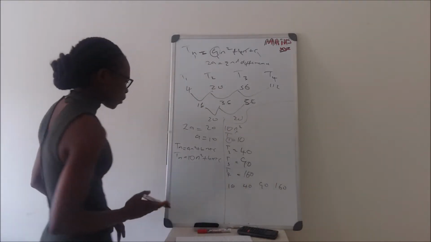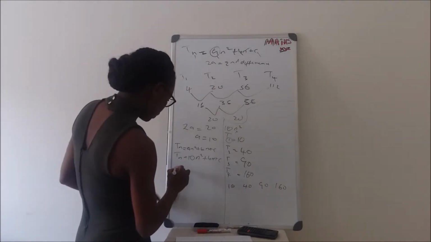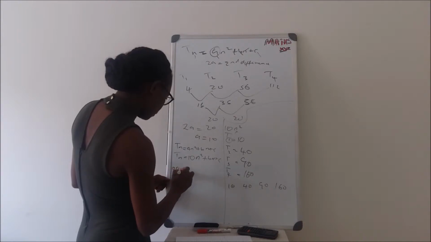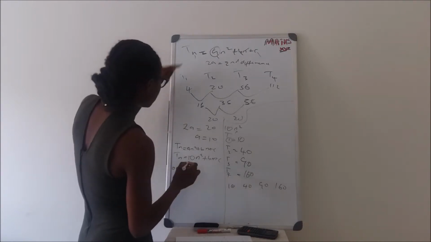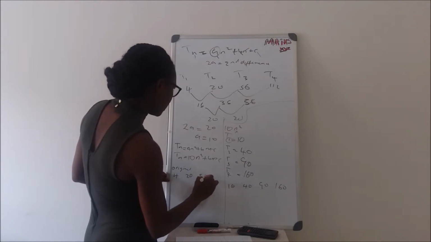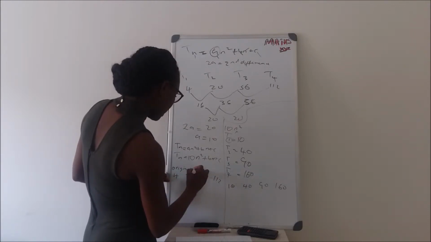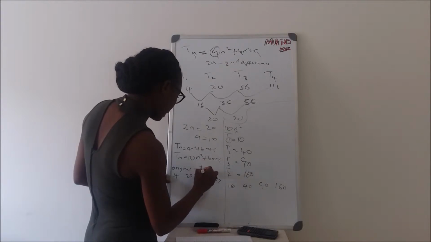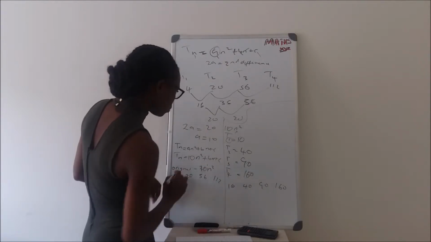From this expression now, what we do is we take our original expression, which is 4, 20, 56, and 112, minus our 10n squared expression, according to the number of terms.